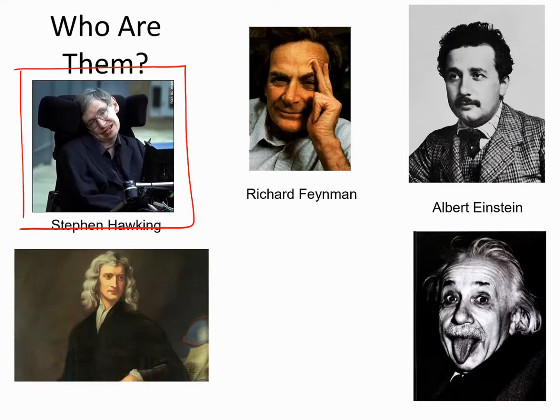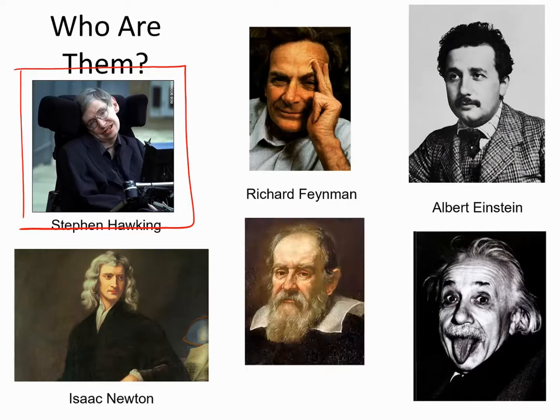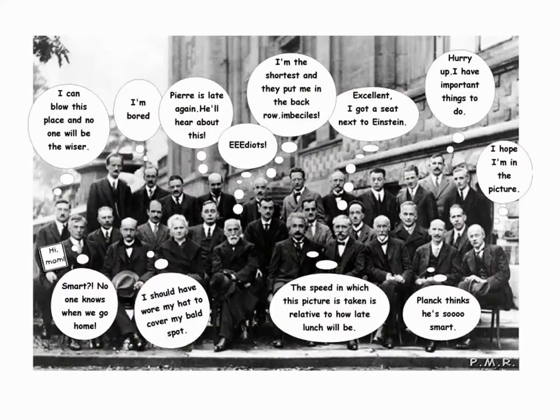This one, Isaac Newton. And this one, Galileo Galilei. Okay, so this is a very famous photo that almost covers most of the subjects of your undergrad program. Can you recognize them?